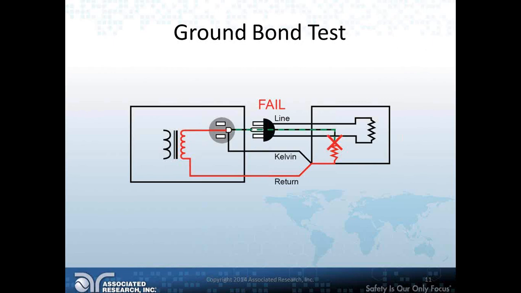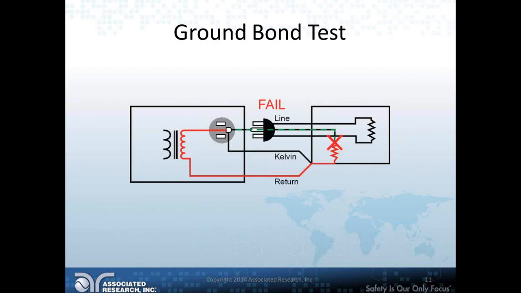Test parameters for ground bond tests can vary from standard to standard, so it is always good practice to refer to the standard that the manufacturer is trying to comply with. It is a high current test and a low voltage test, and it can also be required to be performed in AC or DC based on the product and the safety standard.